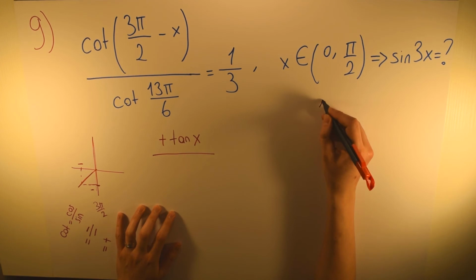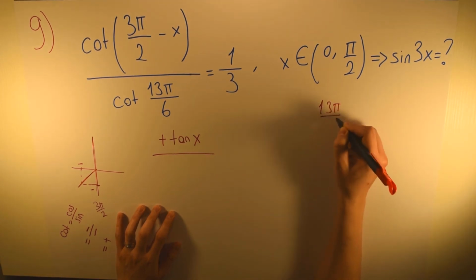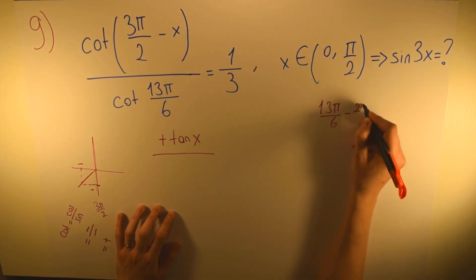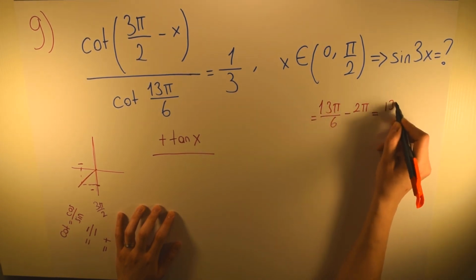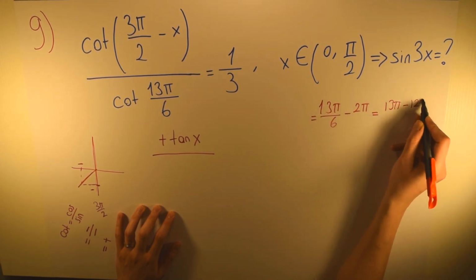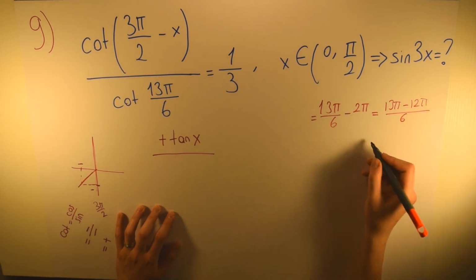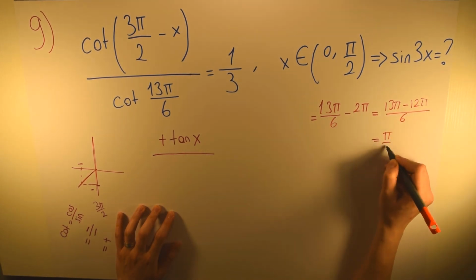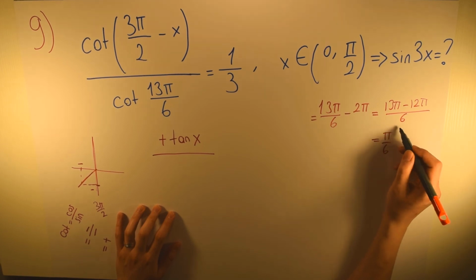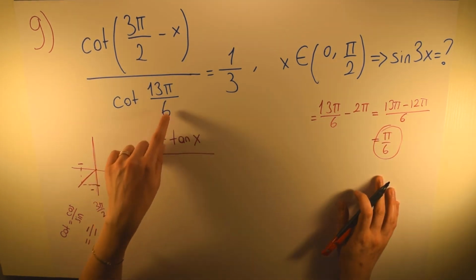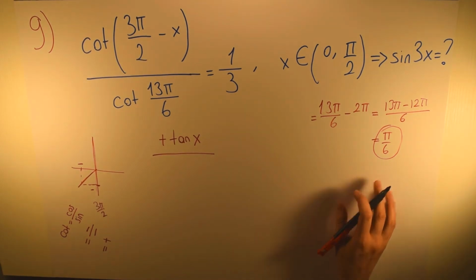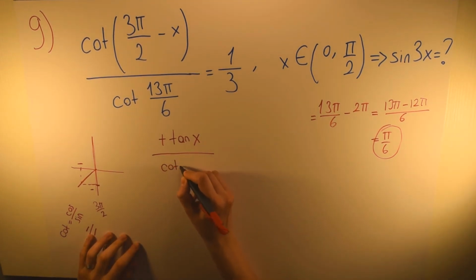So 13π over 6 minus 2π, which is equal to 13π minus 12π over 6. So this is equal to π over 6. Which means instead of cotangent 13π over 6, I can write cotangent π over 6.